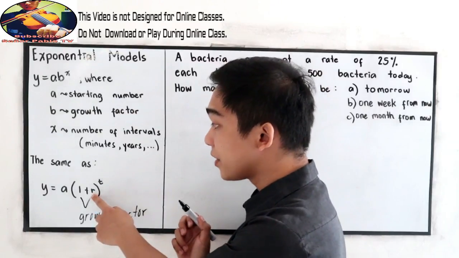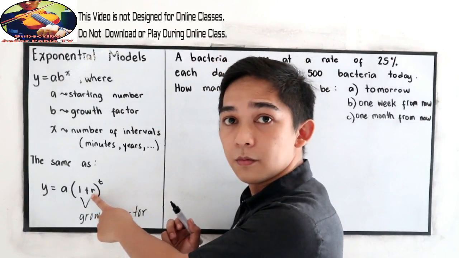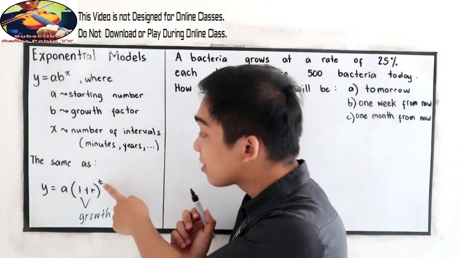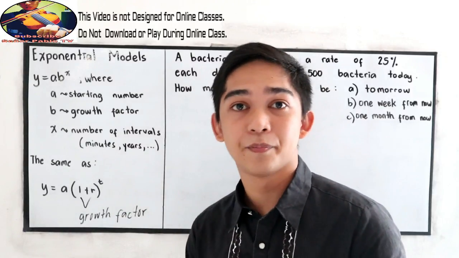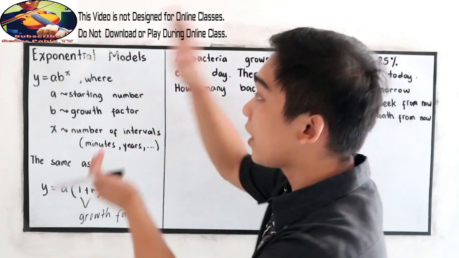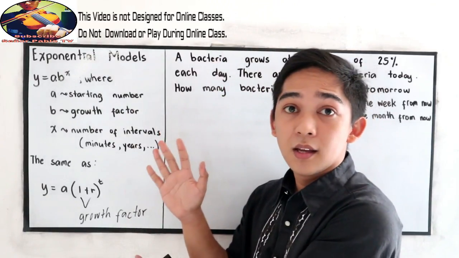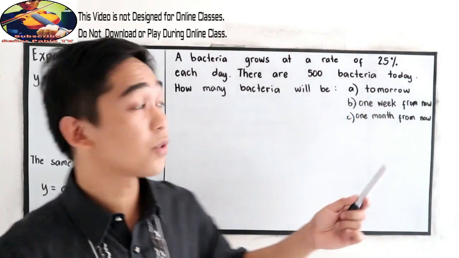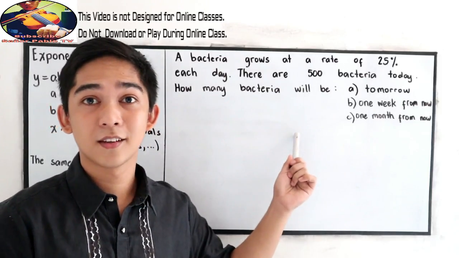That means r is our rate, our percent, and t is our time or our intervals. To better understand our formula, let us try to solve this problem.